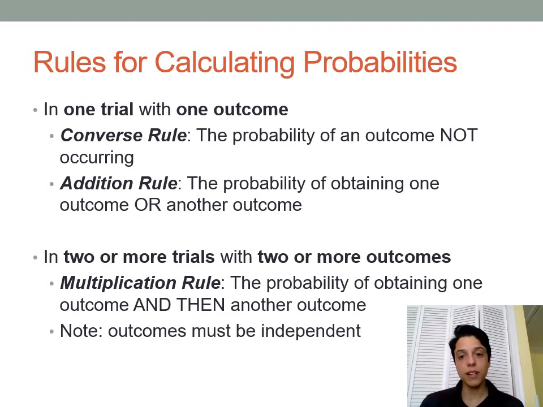One note here, and something that's important: if you're looking at the multiplication rule and thinking about the chance of getting one outcome and then another, the outcomes have to be independent. What this means is that the events that happen in the first trial don't have any effect on the events that happen in the second trial.